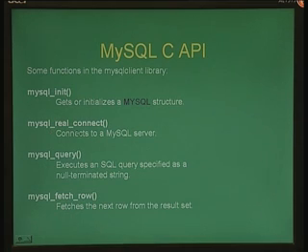Similarly, you can say mysql_real_connect, which actually connects to the server, and you can issue a query using mysql_query, and once you get the query results, you can say mysql_fetch_row, which fetches the results of this query in a row by row fashion. So the first row and the next row and so on and so forth. So using this, you can actually embed your SQL semantics or database semantics into your larger application program itself.